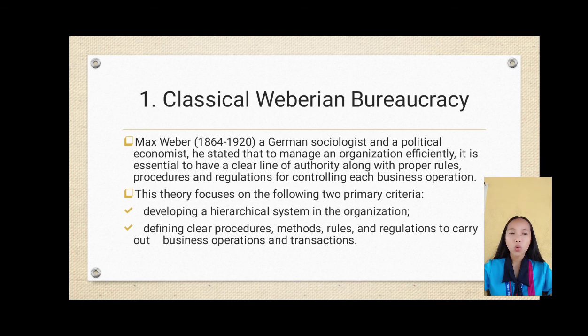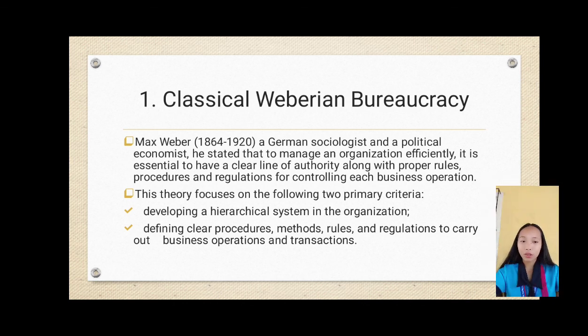Does anyone know what bureaucracy is? Bureaucracy refers to possessing control over a group of people or activities through knowledge, power, or authority. This theory focuses on the following two primary criteria.